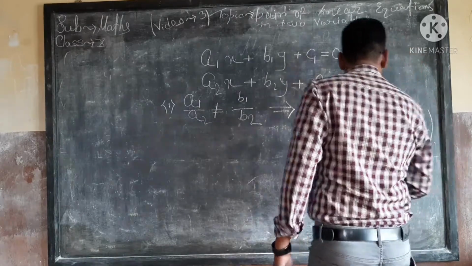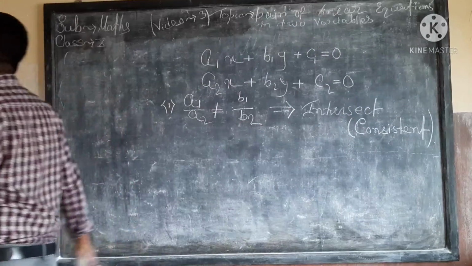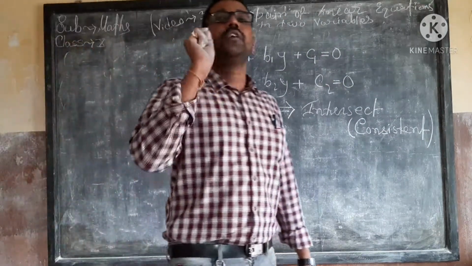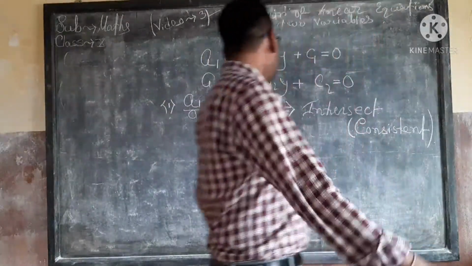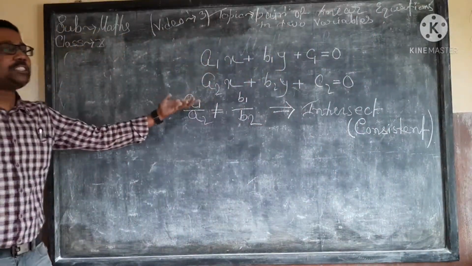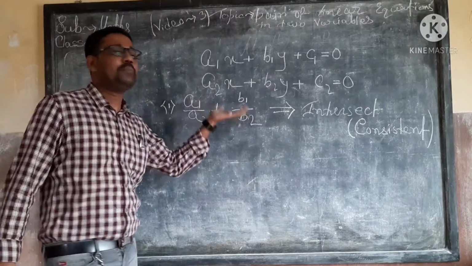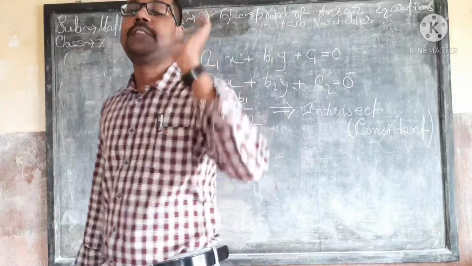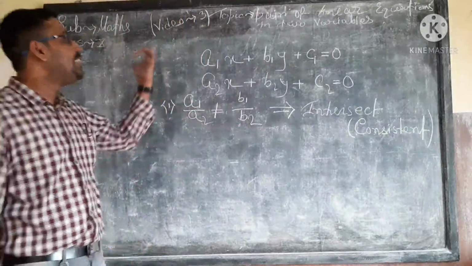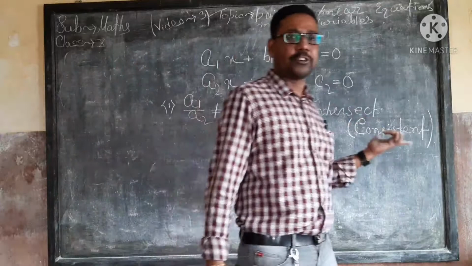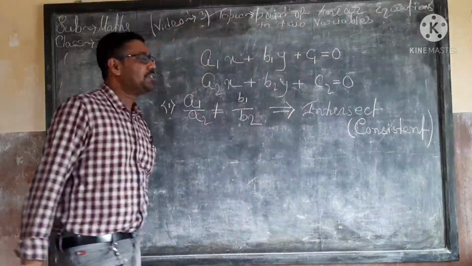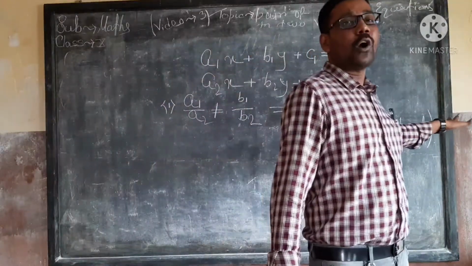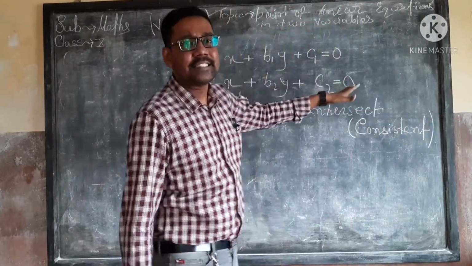When the two lines intersect, they always give one particular solution, the unique solution, and this also fulfills the consistent property.